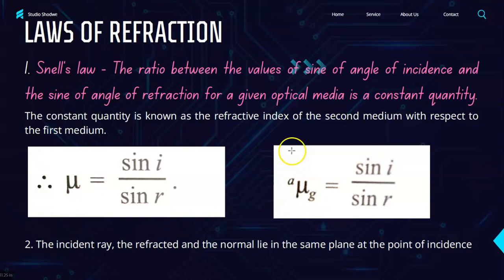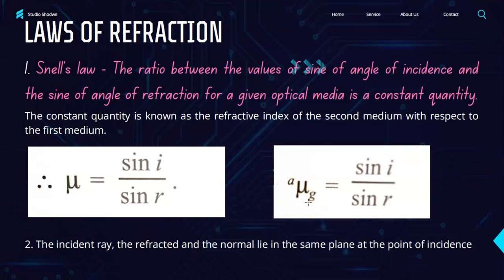Now, suppose the ray of light is going from air to glass. I'm talking about the second equation that is given on the right hand side. If the ray of light is going from air to glass, first medium, air, is written as superscript. Second medium, that is glass, is written as subscript.